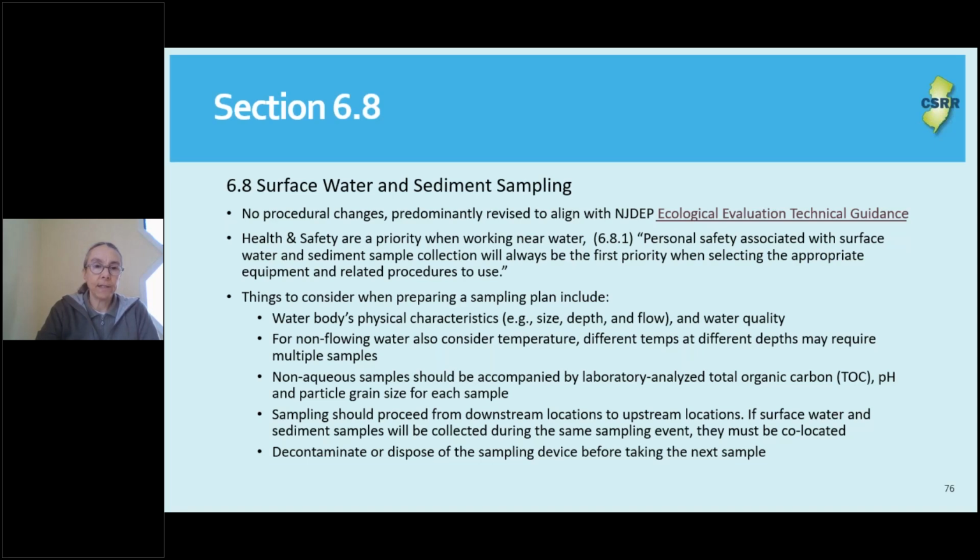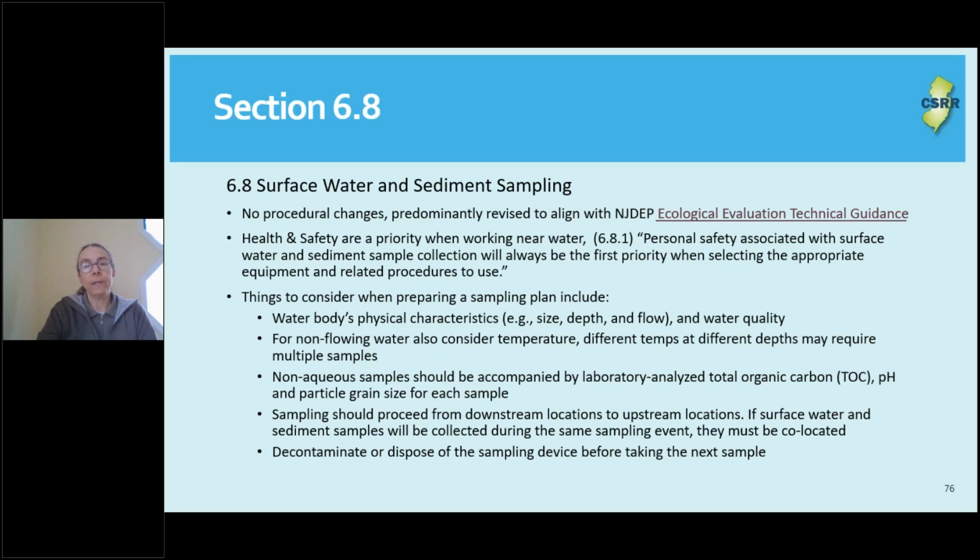You want to take into consideration the water body's physical characteristics, for example, the size, depth, and flow. For non-flowing water, you may also want to consider temperature, as if it's a deep location, you could have different temperatures at different depths. So that would potentially require multiple samples.